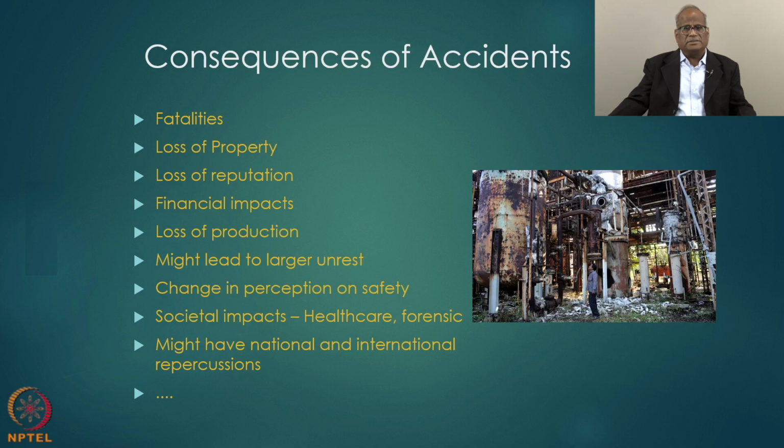It should be there in the conscious mind: if something goes wrong, what could be the scenario. It is not to scare you, because millions of plants are operating safely. But this sensitization is why this image has been shown.